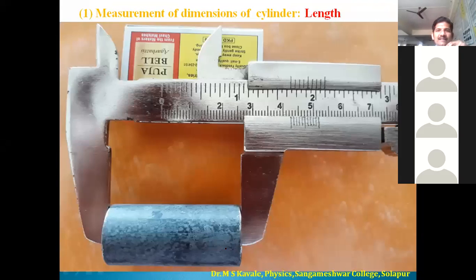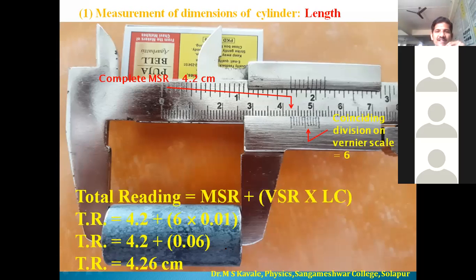Now, length of cylinder. Here, complete MSR is 4.2 and coinciding division is 6. Therefore, total reading is 4.26 centimeter.